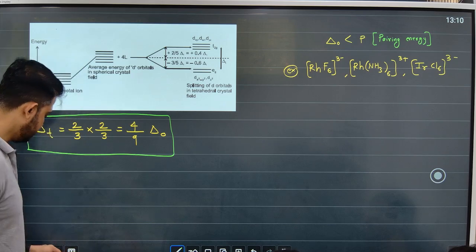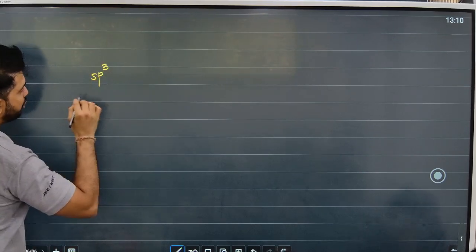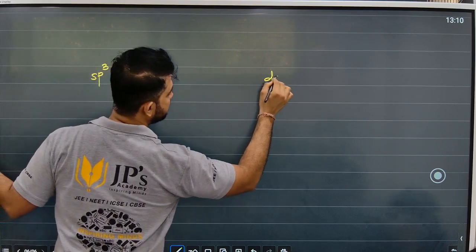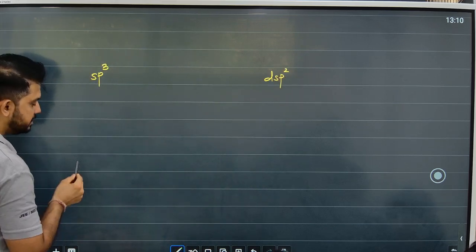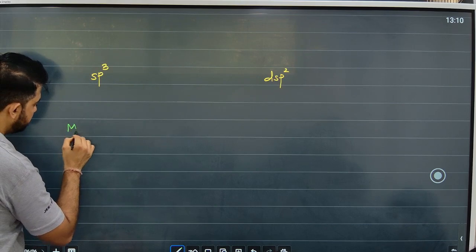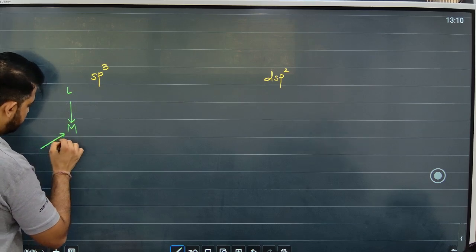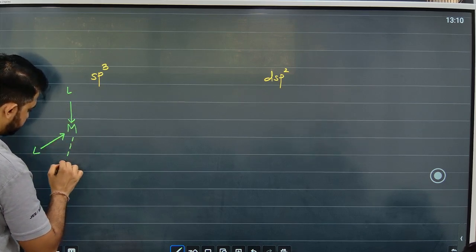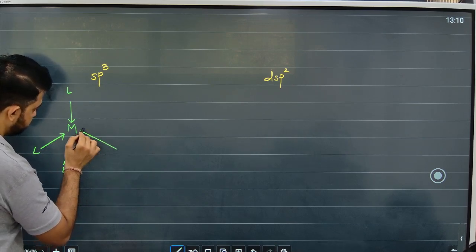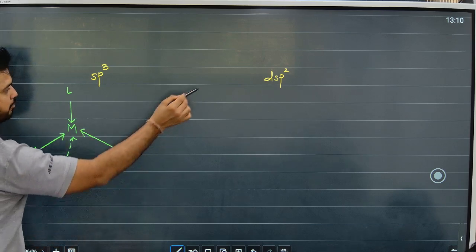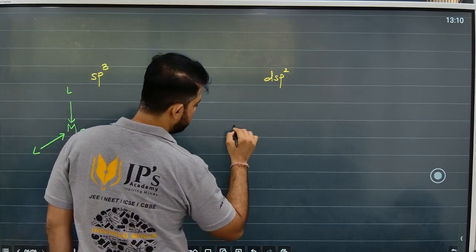You can either have sp3 or you can have dsp2. sp3, what is the geometry, people? Tetrahedral. One of them is behind the plane. And what about dsp2, people? What's the geometry? Square planar.